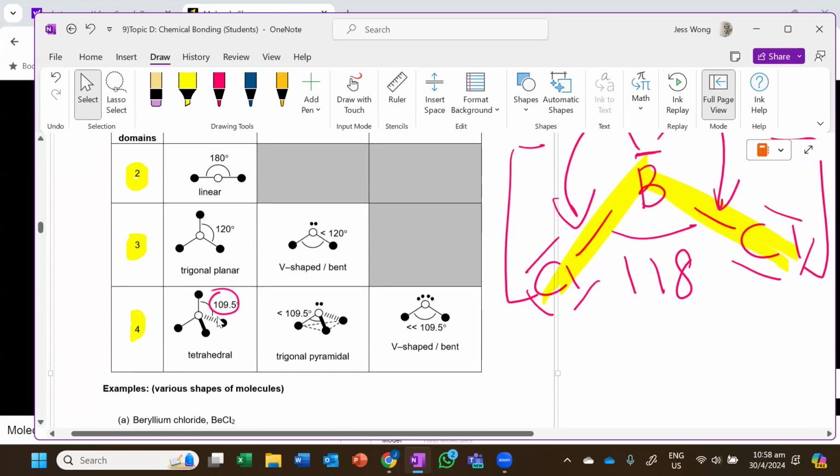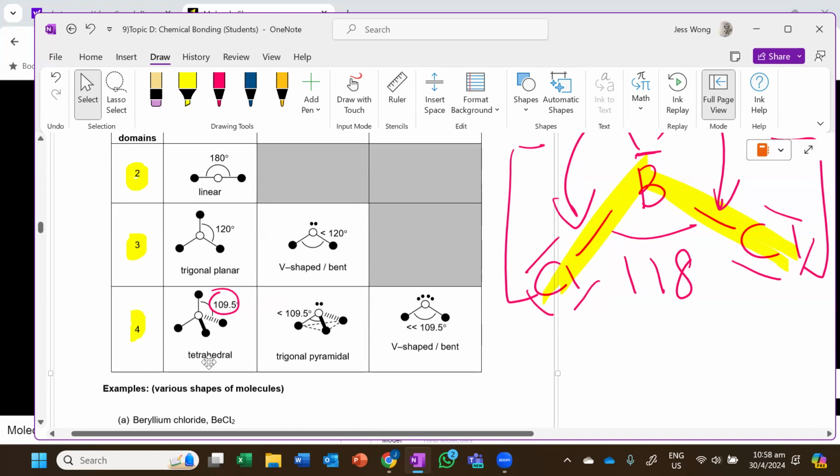If you have 4 electron domains, now we are moving to 3-dimensional. So you'll get a tetrahedral with an angle 109.5. Replace any one with a lone pair, and as a result, what you are seeing is a trigonal pyramid. If you replace one more with a lone pair, then what is left will be a V shape.